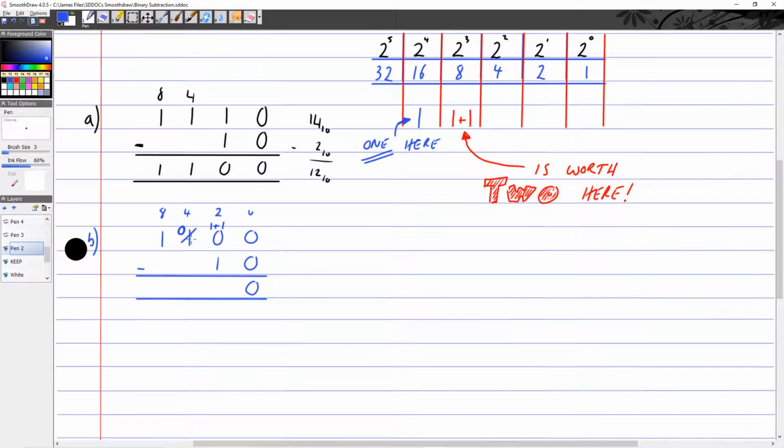So all I did was change a 1 in the column to the left into 2 in the column to the right. And now we have 1 plus 1, obviously 2, take away 1 is 1. We have nothing left in the 4s column, but there's nothing to take away. And then we have 8 take away nothing.